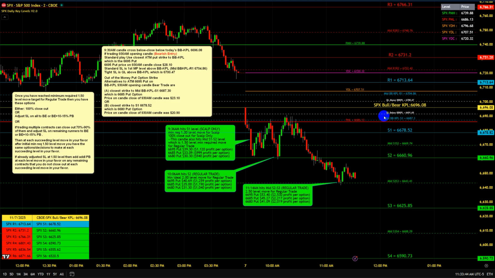Okay, so this indicator is for the TradingView platform only. All of our indicators that we sell are for the TradingView platform, including this SPX indicator. This SPX indicator works on two different SPX symbols on the TradingView platform.